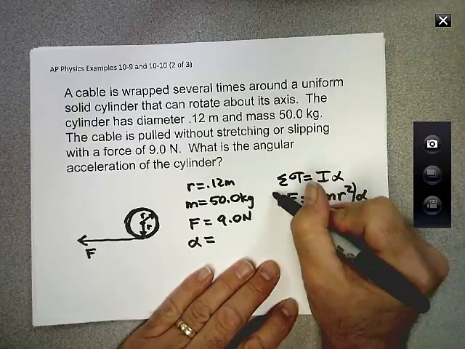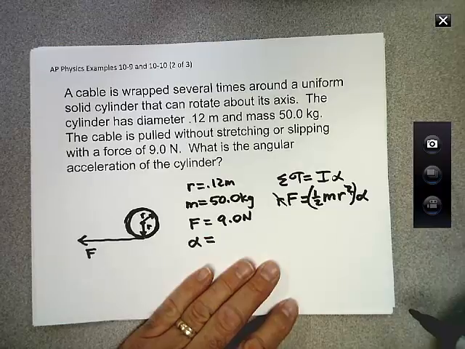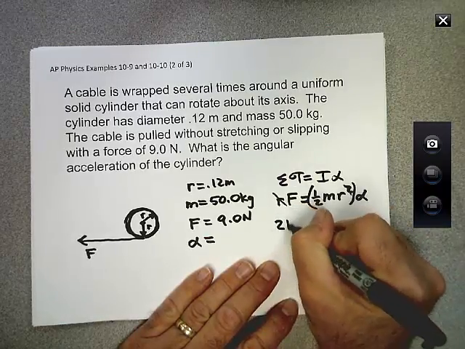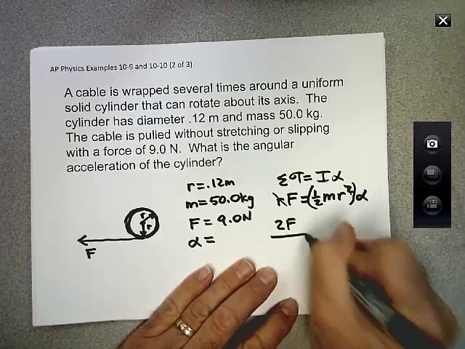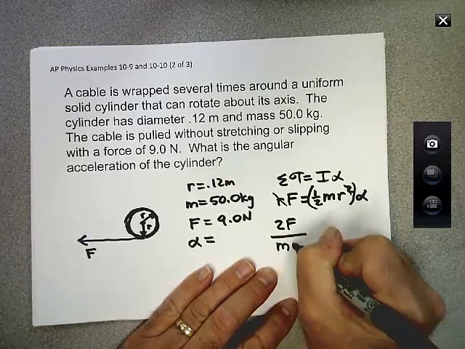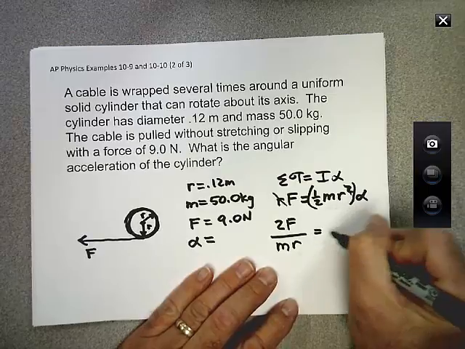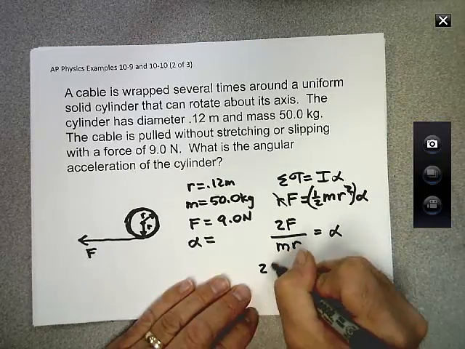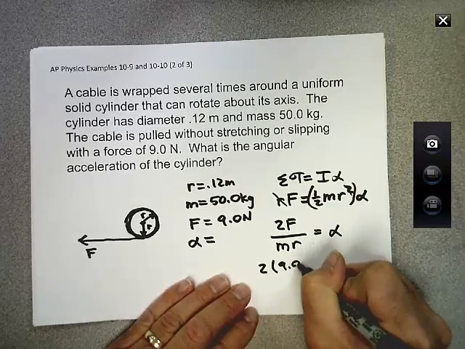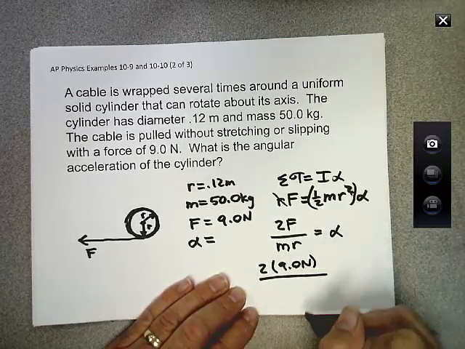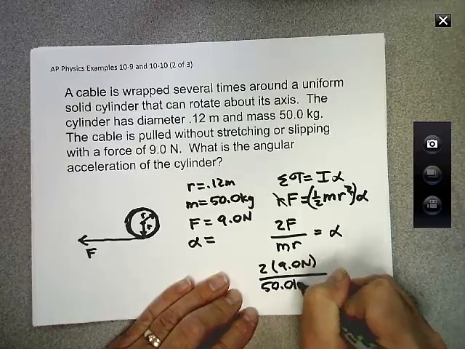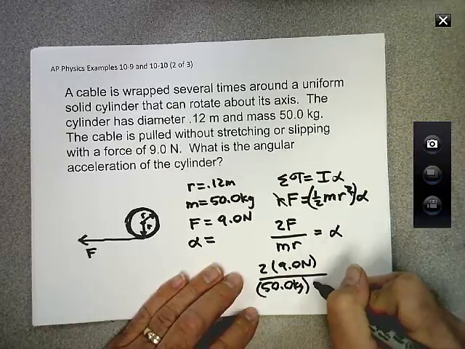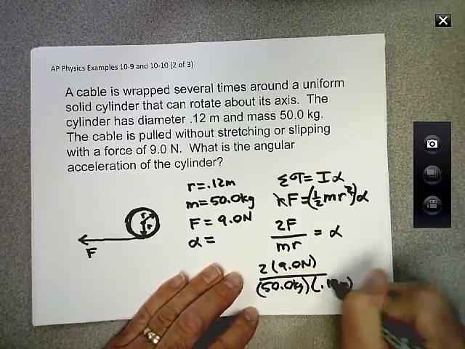Okay, so first thing we do is cancel out an r, multiply both sides by 2, divide both sides by m and the remaining r, and we have the angular acceleration. So 2 times 9 newtons, divided by 50 kilograms times 0.12 meters.